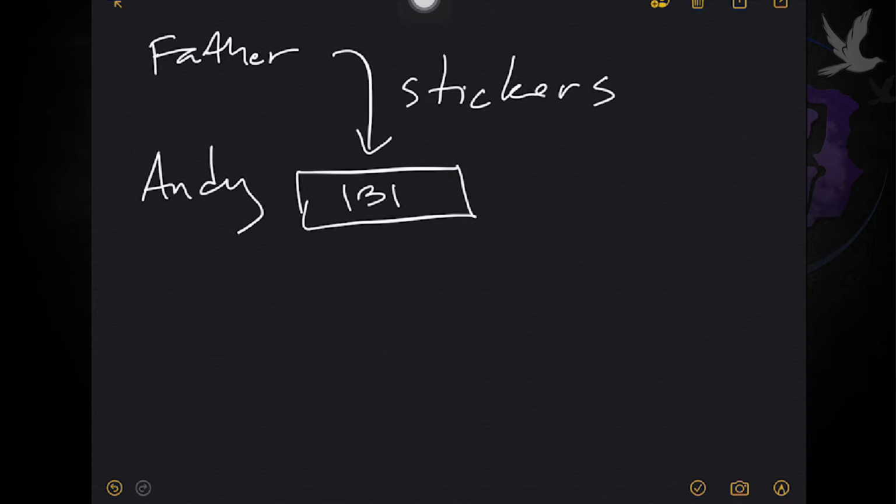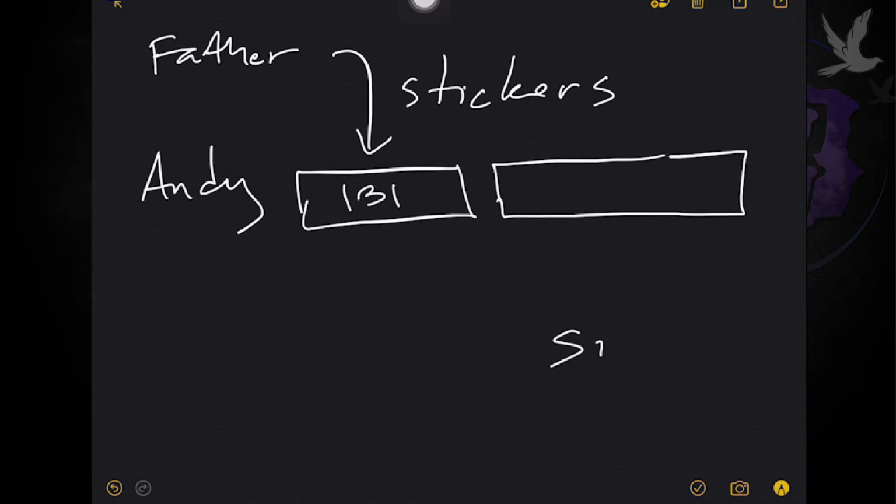Okay, now here comes the sister. His sister gives him another 280. The sister now gave Andy another set of stickers. How many? 280.